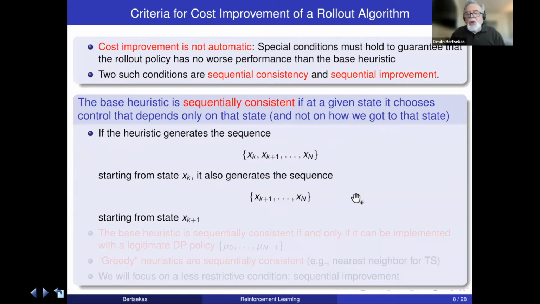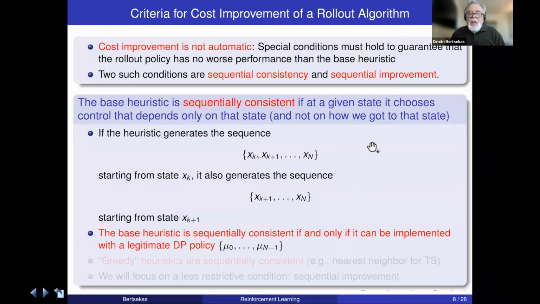In other words, a sequentially consistent heuristic does not change its mind, and after it goes to xk plus 1, start choosing some different sequence. It stays the course. It stays with the trajectory that it generates. So it applies the same control at the same state, no matter how we got to the state.